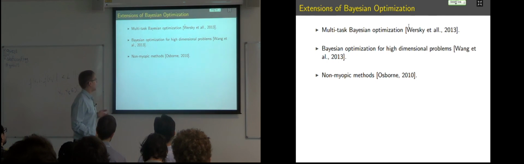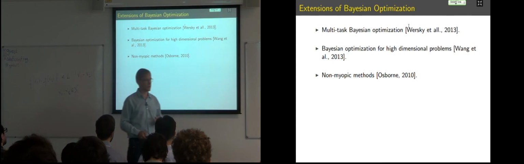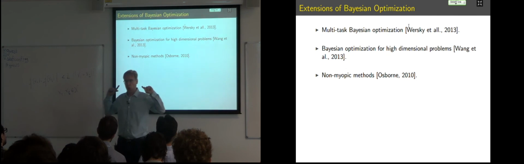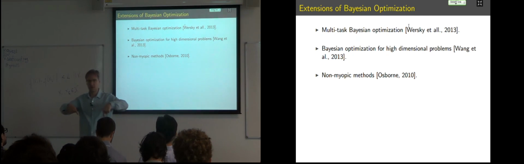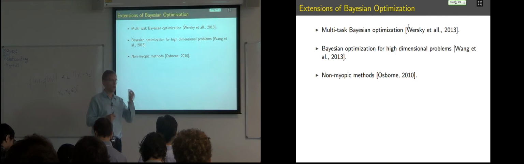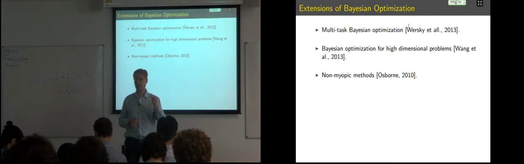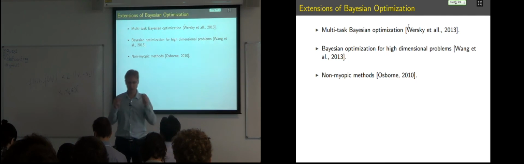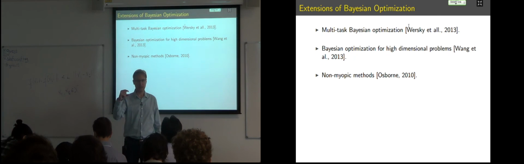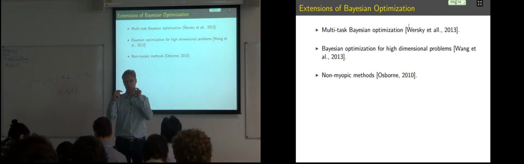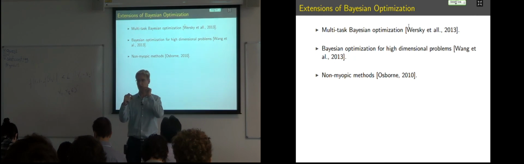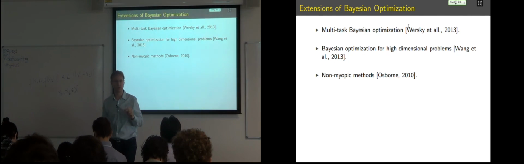You have things like non-myopic methods, right? Because all these acquisition functions that you have seen, when they make the decision about where to collect the new point, they are assuming that you have only one remaining evaluation. So we are calculating the expected improvement assuming that I have one remaining evaluation, and I'm going to select the point that will give me the best improvement with respect to what I have.